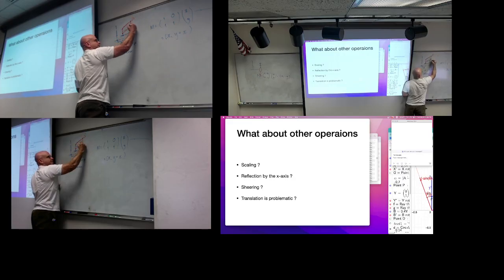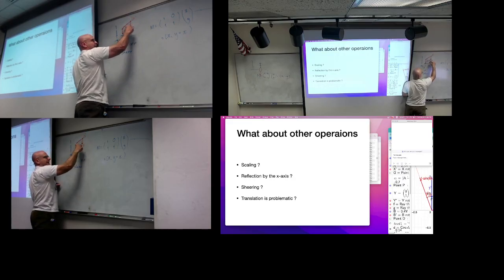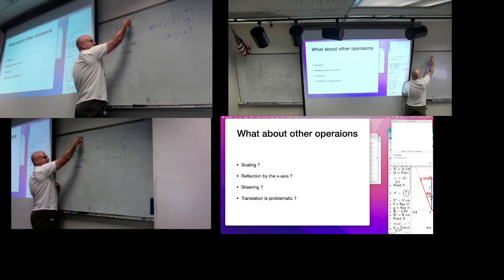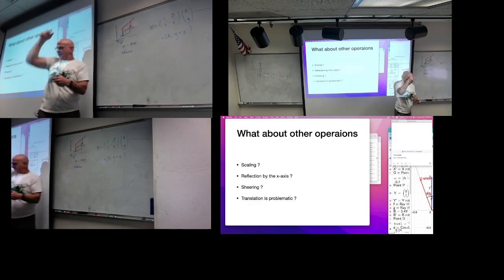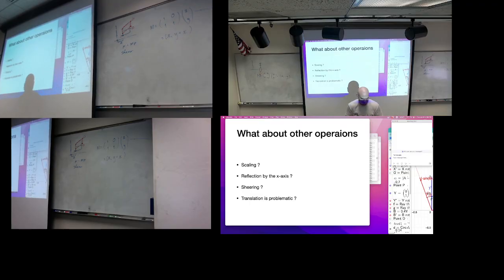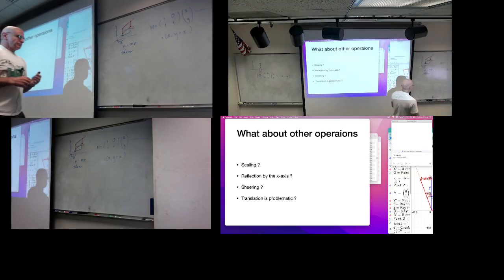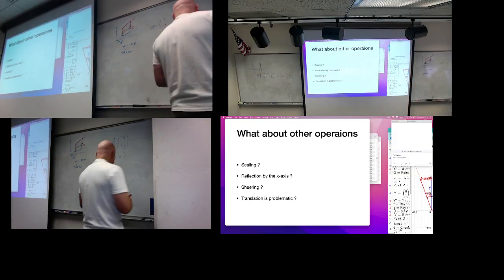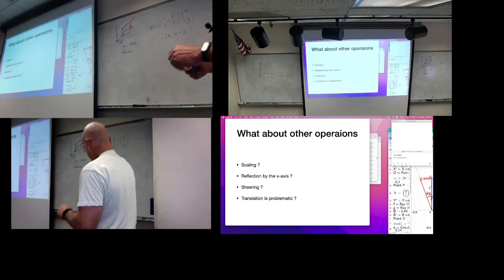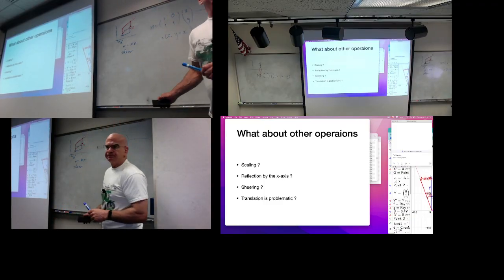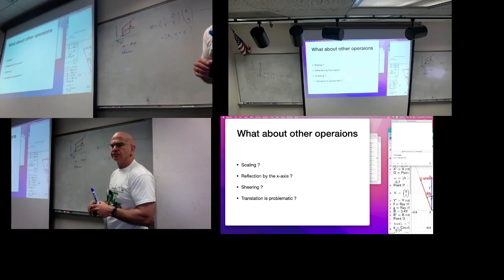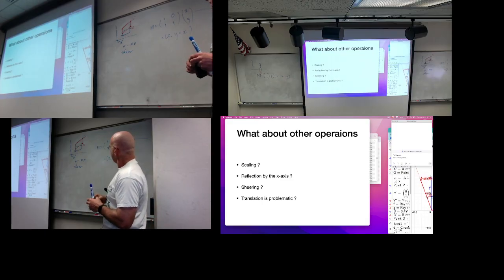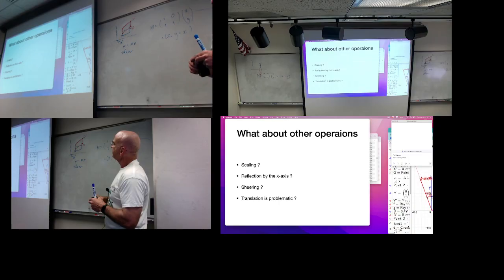D prime is the image of the point D. D and D prime have the same x value, except that now I added the y. Wait, so why would the length of the vertical edges be longer? The length of the vertical edge, is this true what I said? I think it's not true. No, it's the same.